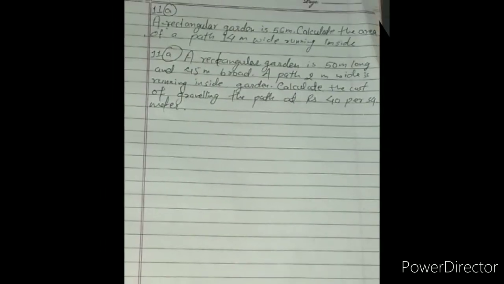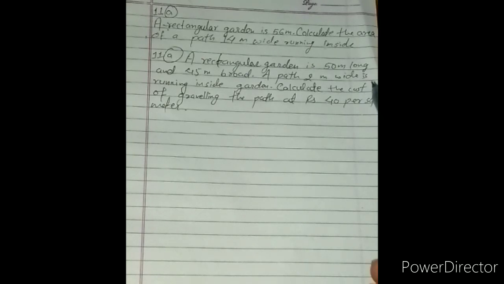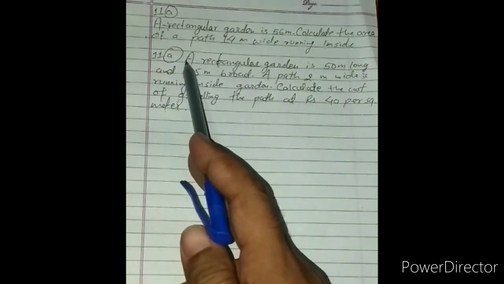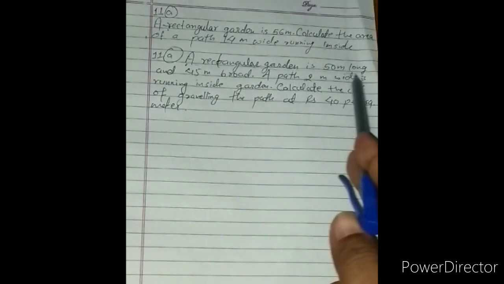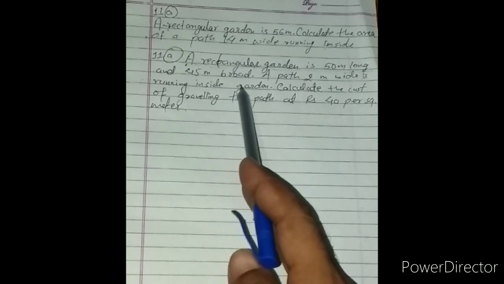Okay, next question number 11a. You can see on your screen question number 11a. A rectangular garden is 50 meter long and 45 meter broad.